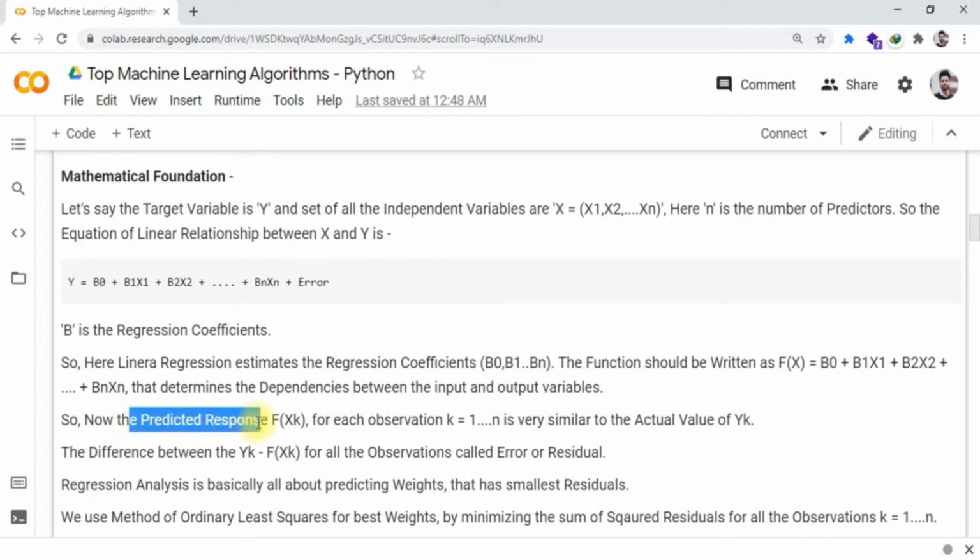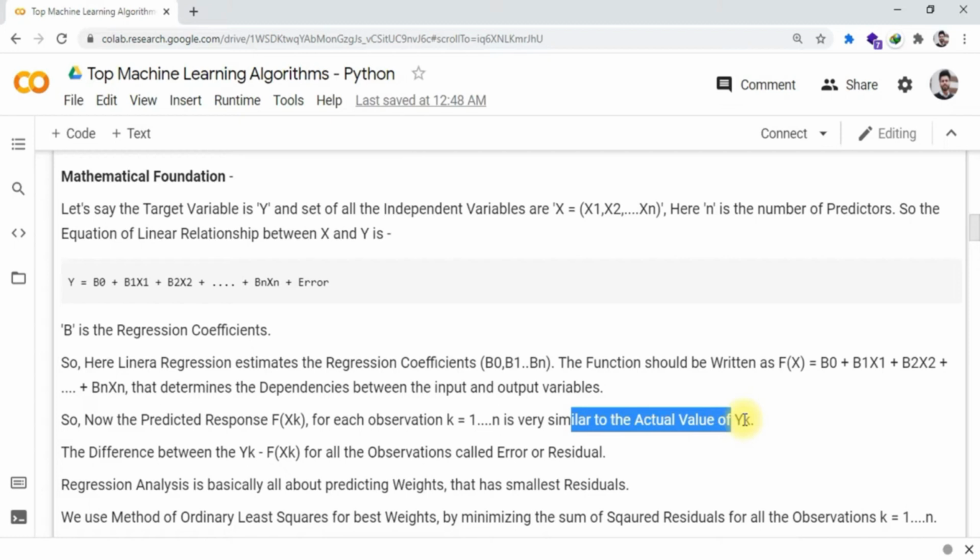So to predict our y value for each independent variable, for each x we have to go for the function f(xk), for k being every value from 1 to n, and this is very similar to the actual value yk. Now we get the error here.